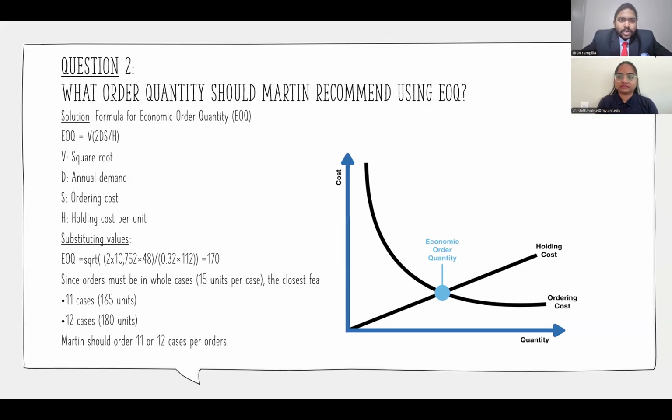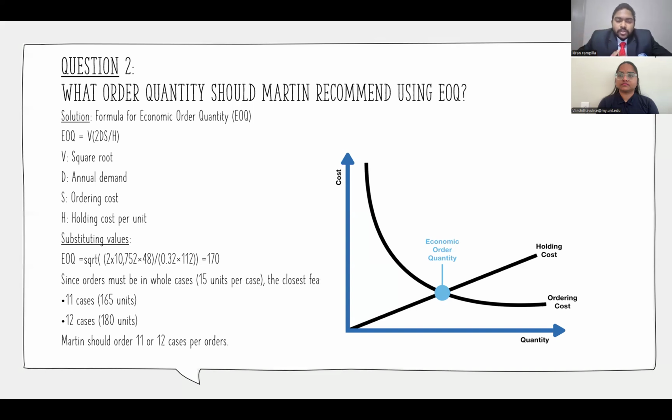Going to question number 2, we will discuss Martin's recommendations using EOQ. EOQ is economic ordering quantity, which perfectly balances the holding cost and ordering cost annually, and it gives us an optimum point for the number of units to be ordered without any loss or increase in cost.